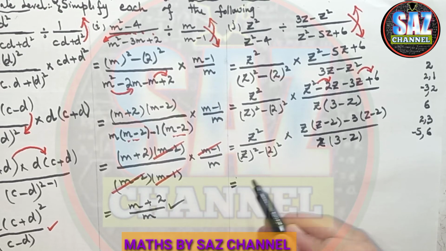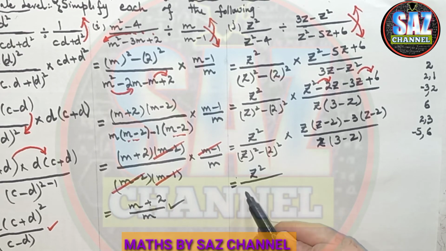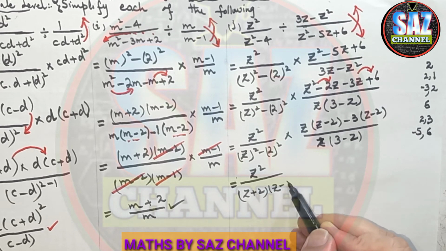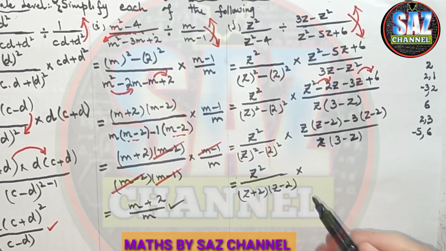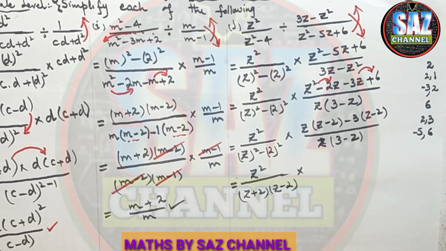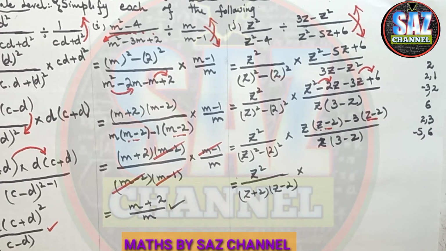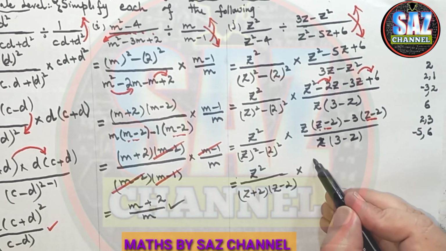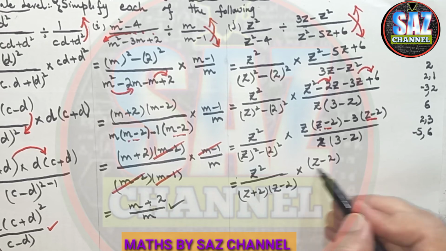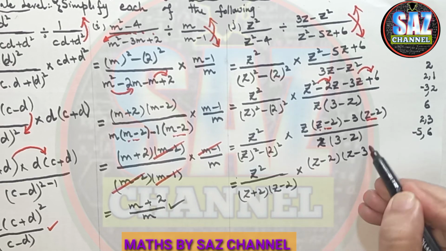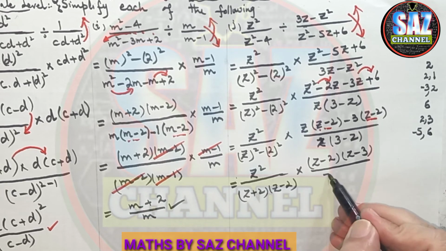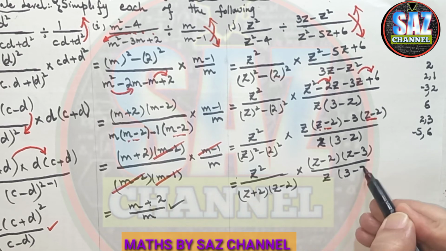Now it's time to simplify this part of the question as well. z square upon z plus 2 multiplied by z minus 2, multiplied by, now if we look at the numerator, we can see that z minus 2 is the common factor. Pull it out: z minus 2 multiplied by z minus 3 upon z into 3 minus z.